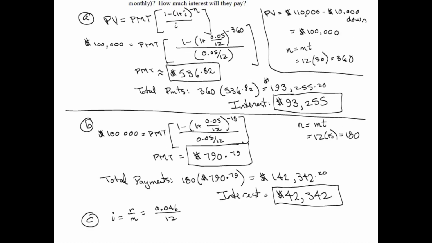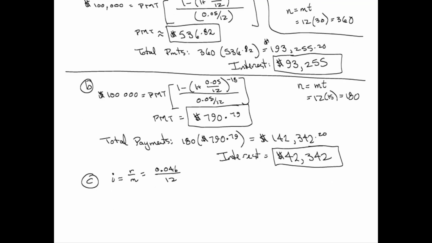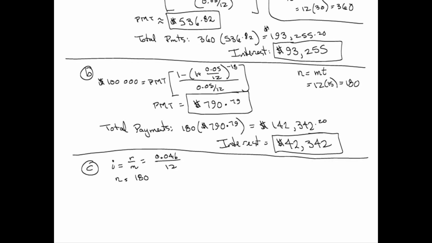Yes, 4.6%, 15-year loan. Okay, and so we still have 180. And what usually happens is if you make it a shorter loan time, in other words, if you go with 15 years instead of 30, you can usually get a slightly better interest rate. But the big savings is in knocking down the number of years.